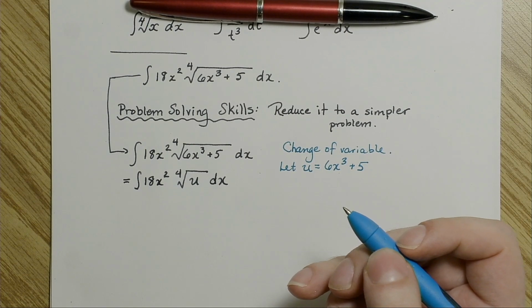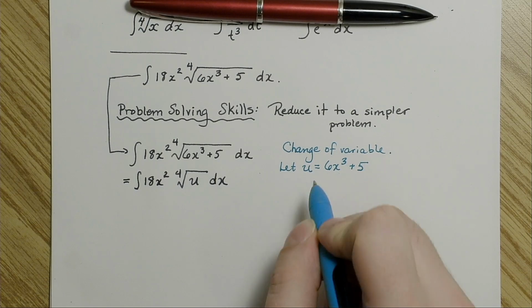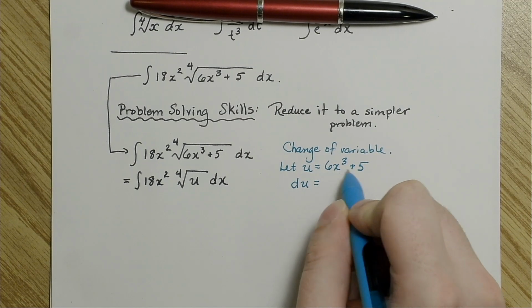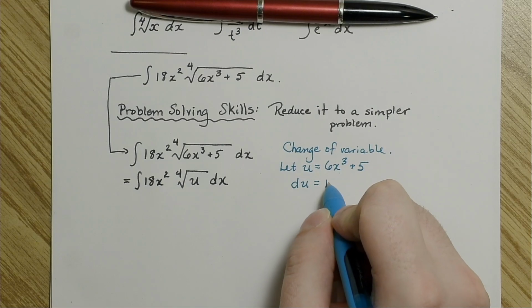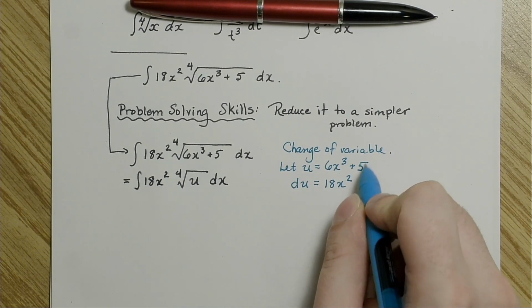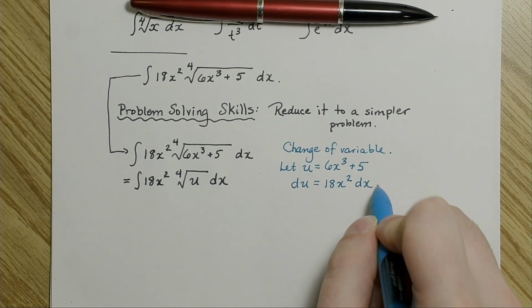What we use is the differential. So I take the derivative. On this side I have du, and on this side I take the derivative: 18x squared, plus 5 is a constant, so that's 0, dx.